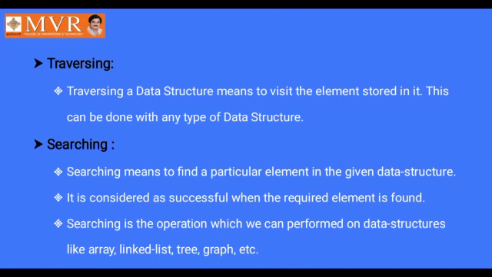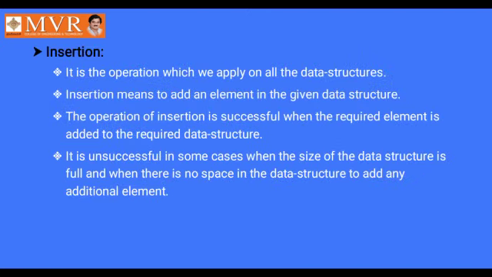If the search operation is not successful, then we return search not found. Searching can be performed on any data structure, be it arrays, linked lists, trees, graphs, stacks, queues, etc.